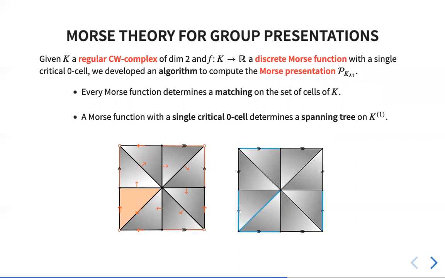Since we asked the Morse function to have a single critical cell of dimension 0, the rest of the vertices are paired with some one cell. So the pairs of cells of dimension 0 and 1 determine a spanning tree, and this spanning tree is used in this algorithm.